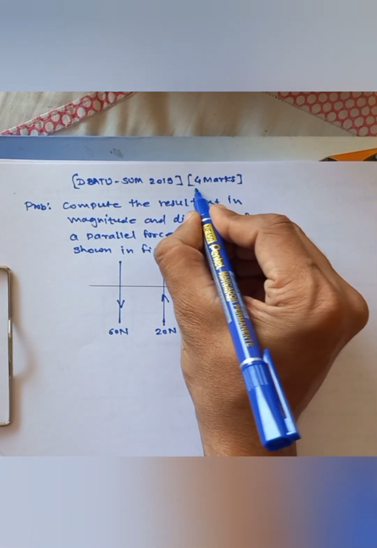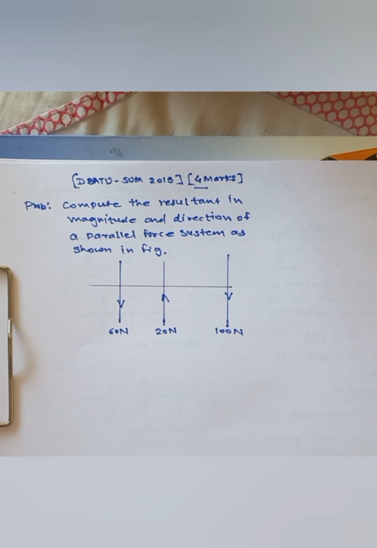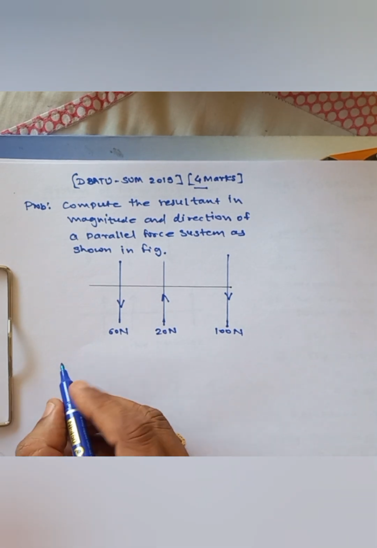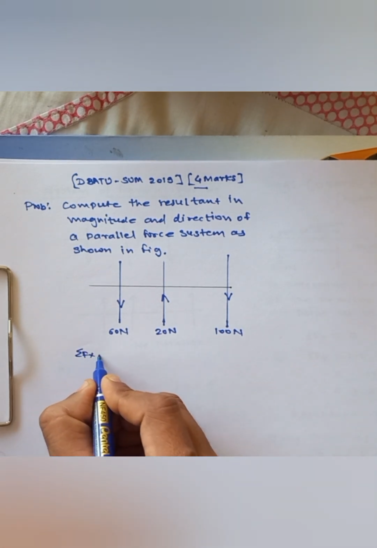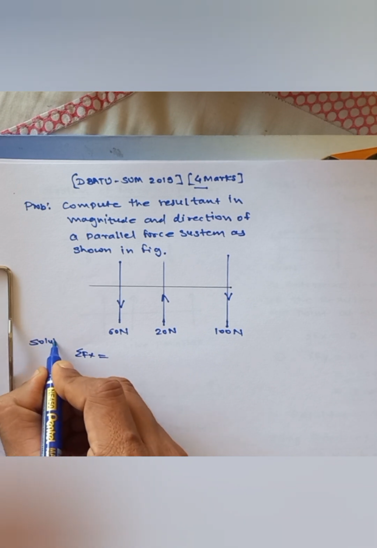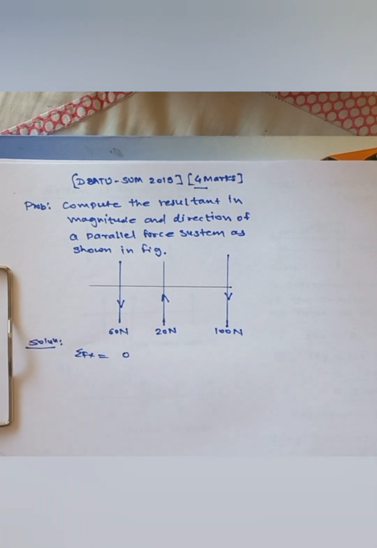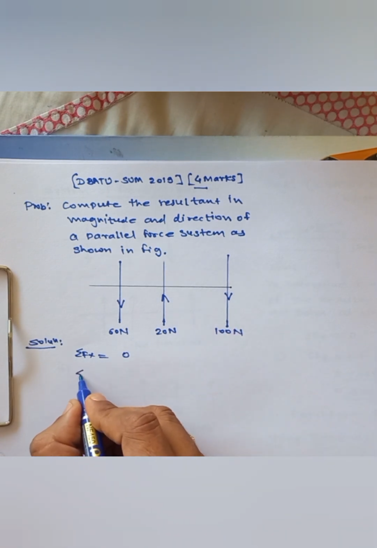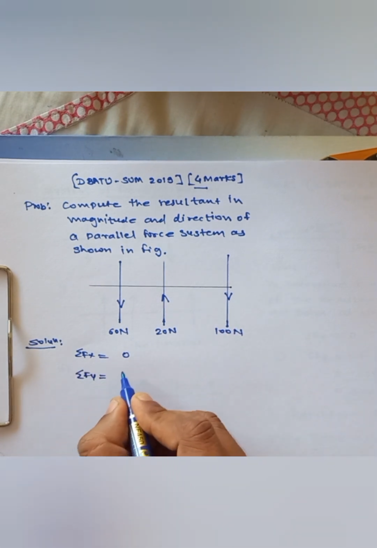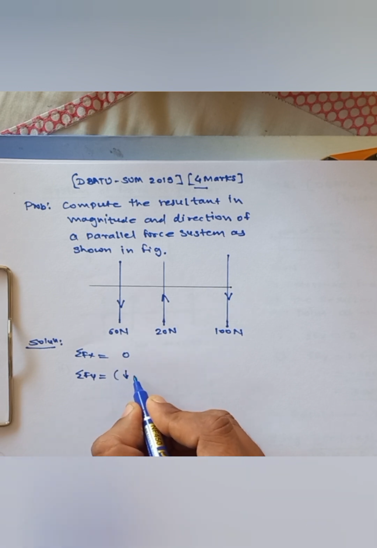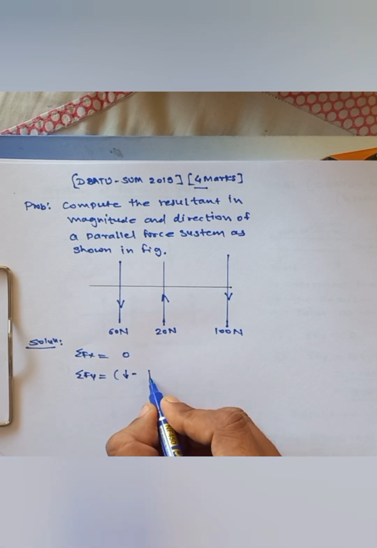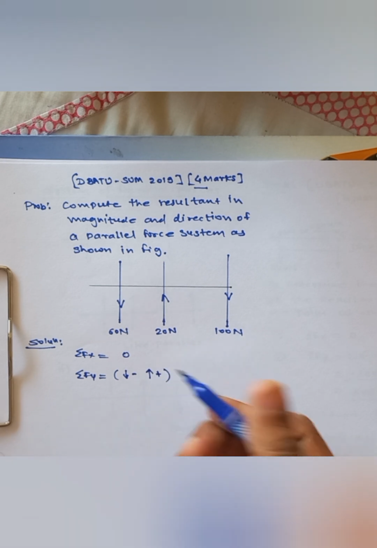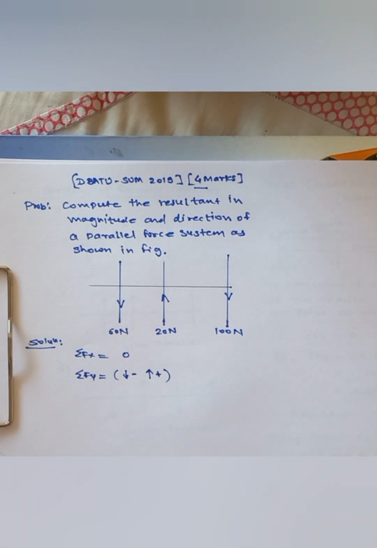So the problem is for 4 marks. It is very simple. Just take summation of Fx in the solution, and that is 0 because there is no force in the horizontal direction. Summation of Fy equals, with the usual sign, I follow downward as negative and upward as positive. You can have your own sign convention, there is no difference.